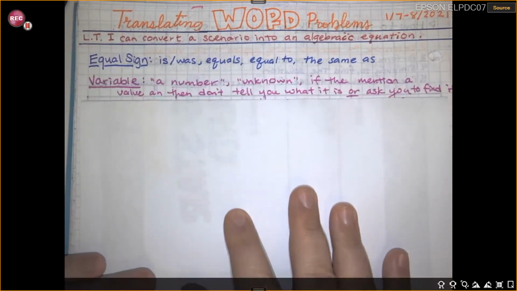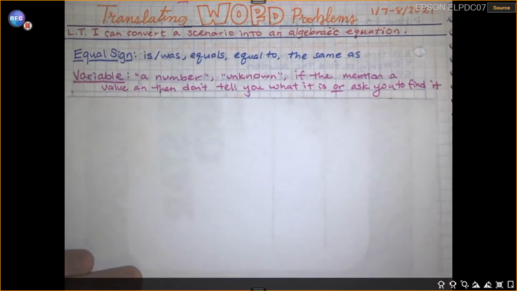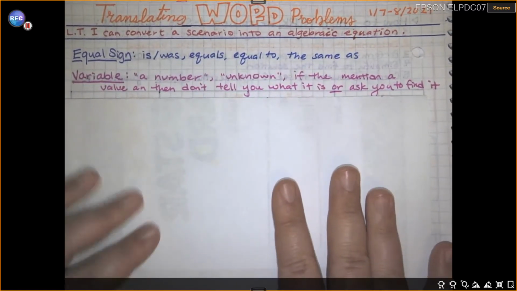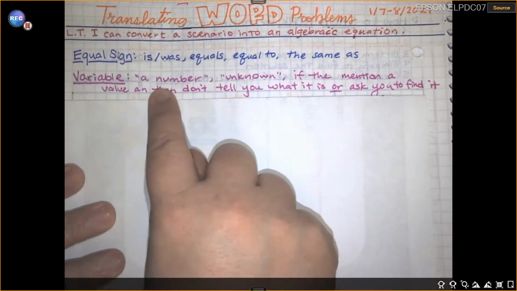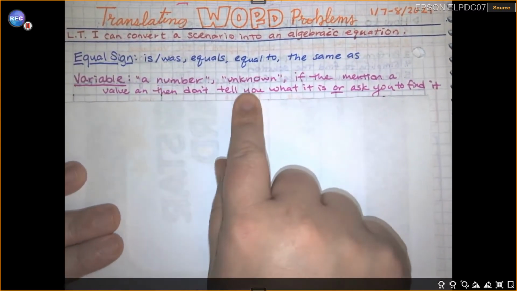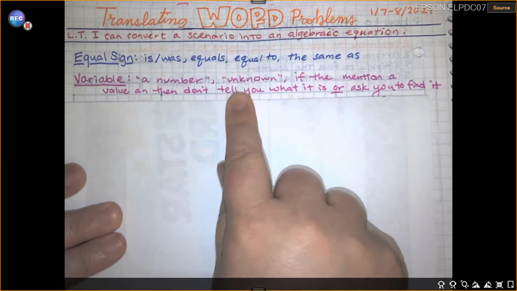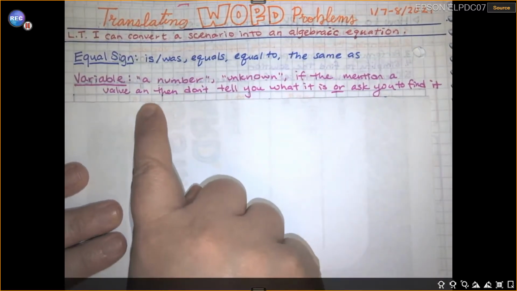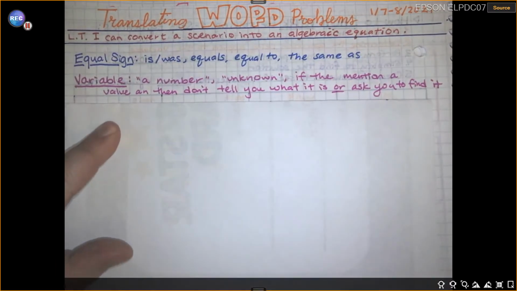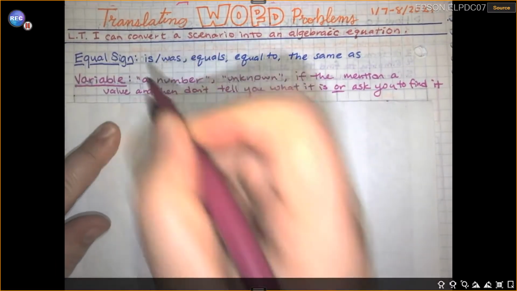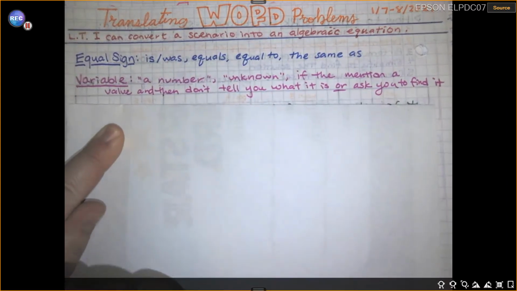Then we have a variable. You may not have done this before, but you need to put in a variable for your unknown. They might literally just say a number, in which case you don't know that number, use a variable. They might say an unknown. And then also, if it mentions a value, and then they don't tell you what it is, or they ask you to find it.